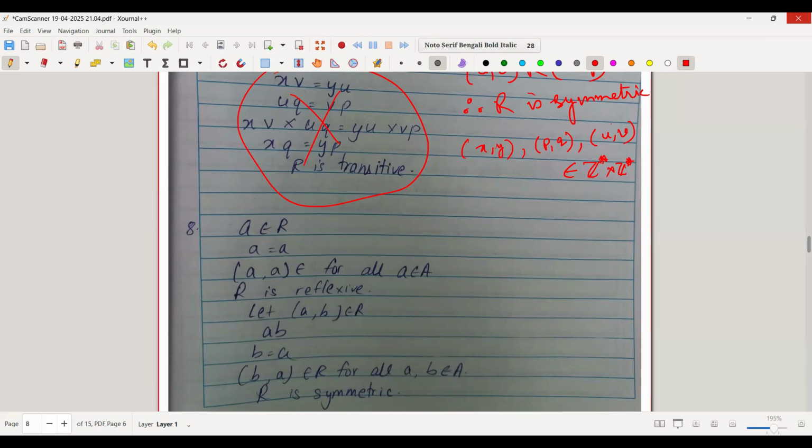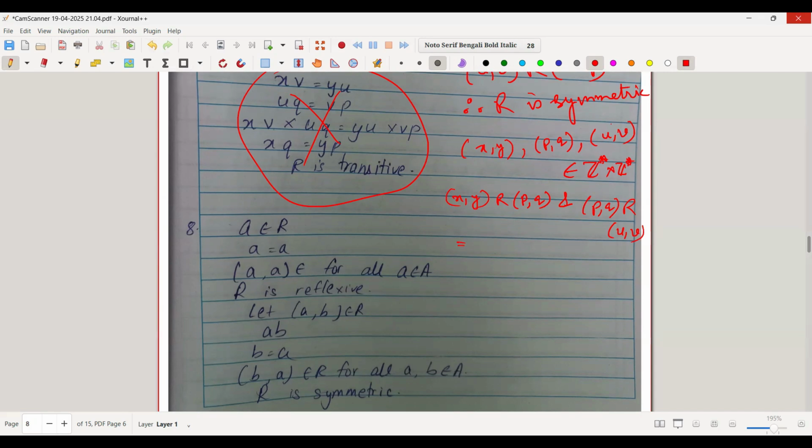Now (x, y) related to (p, q), and (p, q) related to (u, v).